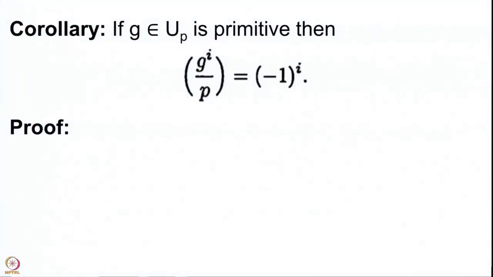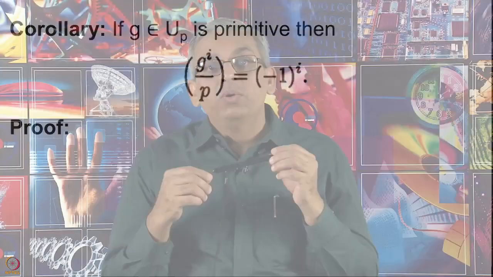However, our UPs also have primitive roots. So, with respect to the primitive roots, we can actually have this result quite nicely, that whenever G is a primitive root in UP, then the Legendre symbol of G power I is simply minus 1 to the power I. And the only thing that we have to prove here is that the Legendre symbol of G is minus 1, that G cannot be inside QP.